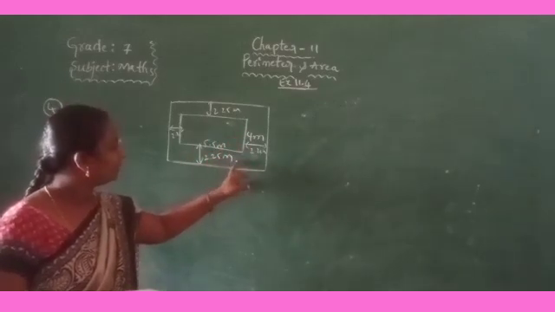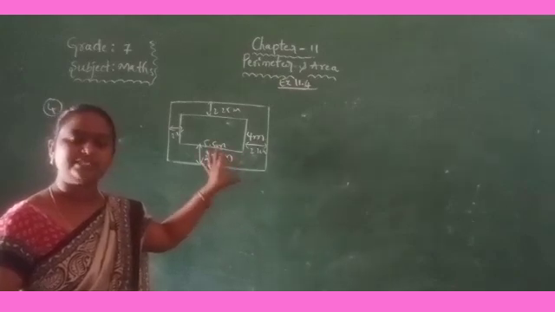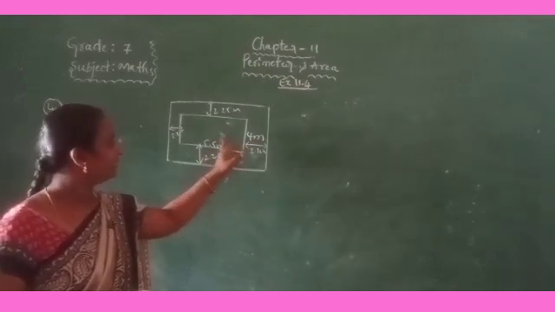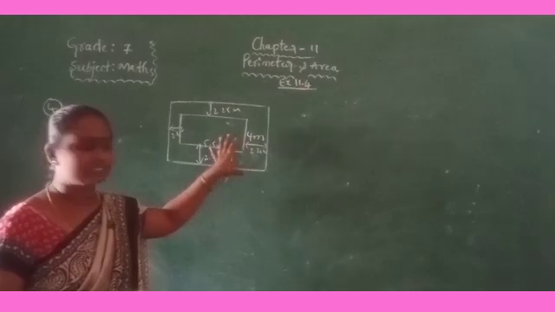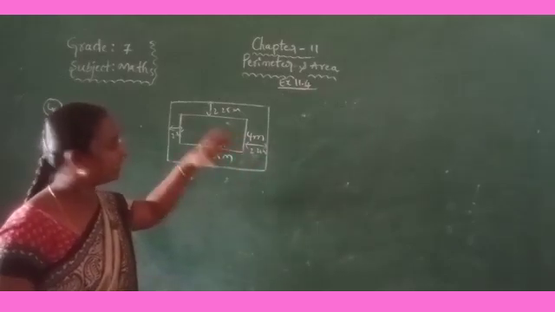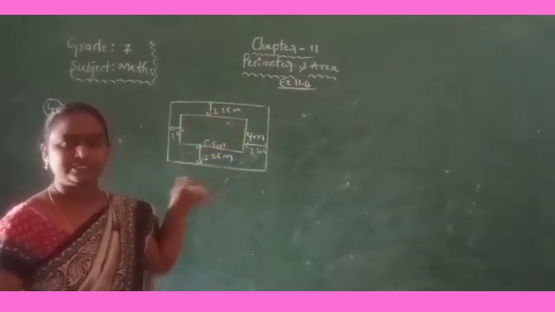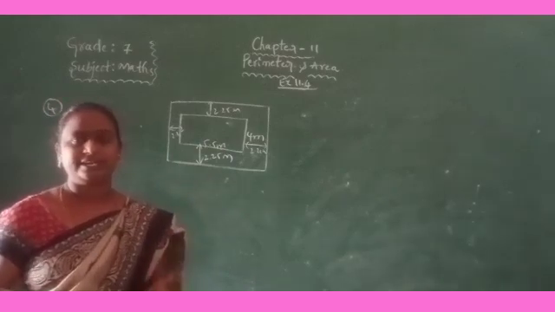Exactly, with veranda the area is more, and without veranda the area is less. So if you subtract without veranda from with veranda, you can get the area of the veranda.